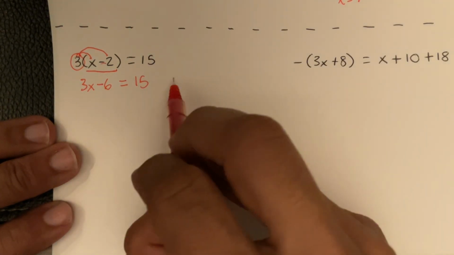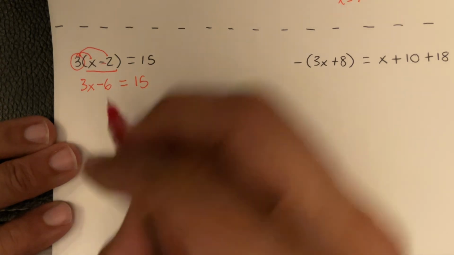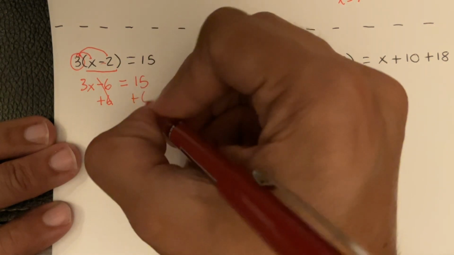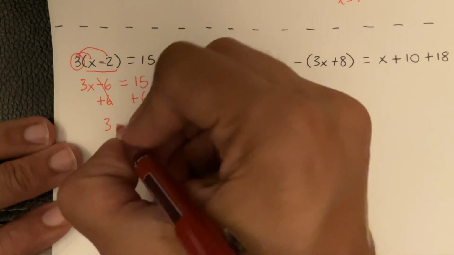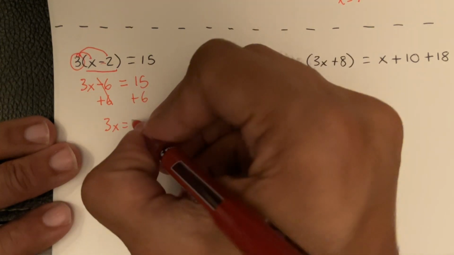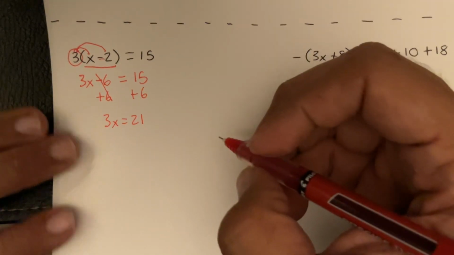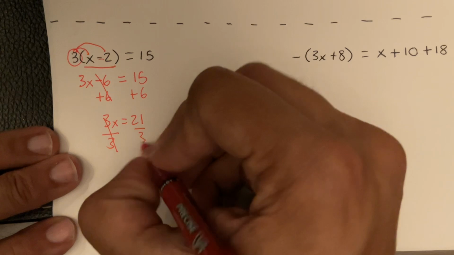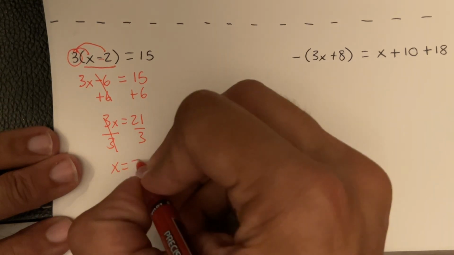Now we're left with a two-step equation. We get rid of adding and subtracting first. So plus 6, 3x now equals 21. Then we divide by 3, x equals 7.